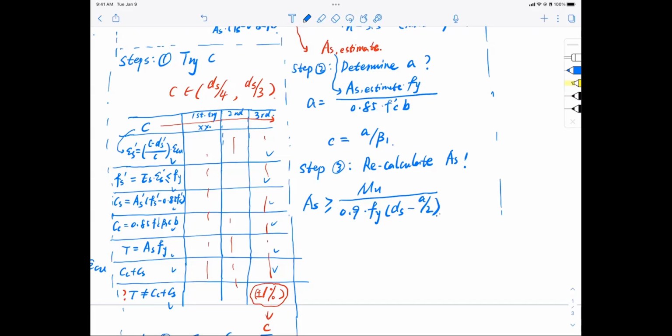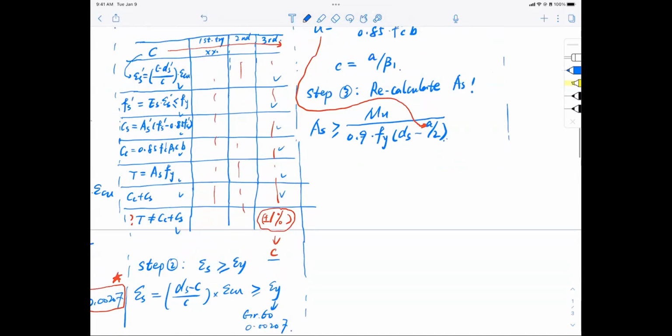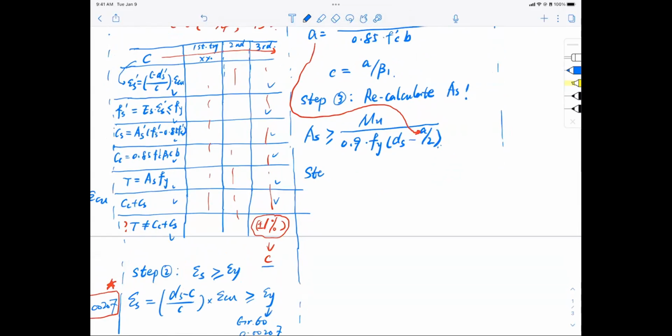So bring it into this equation and find your As. And now with As, step number 4, select bars. As provided by the number of bars has to be greater than or equal to As from step number 3.